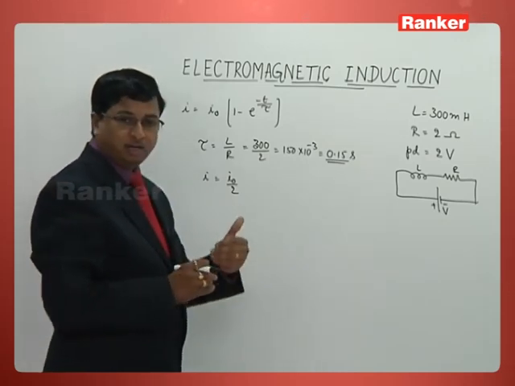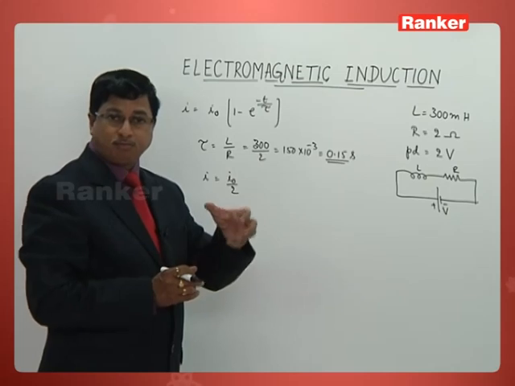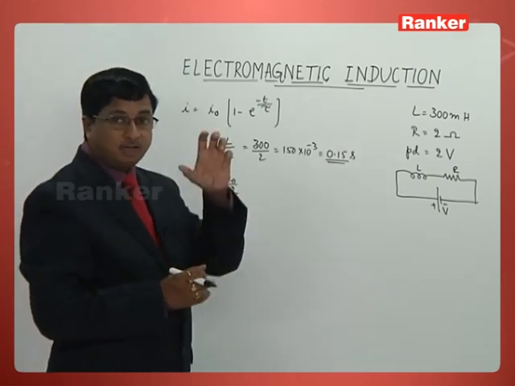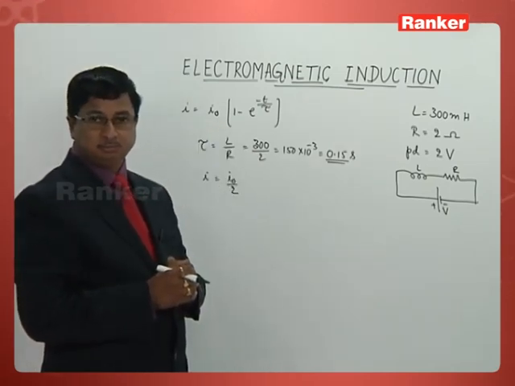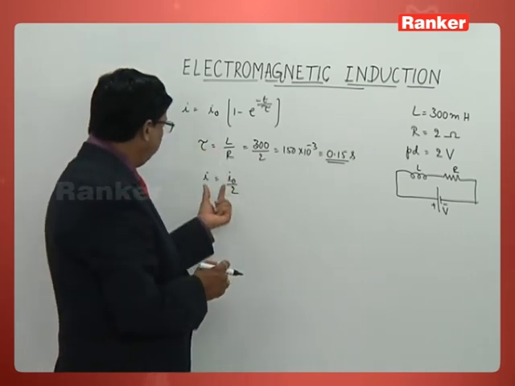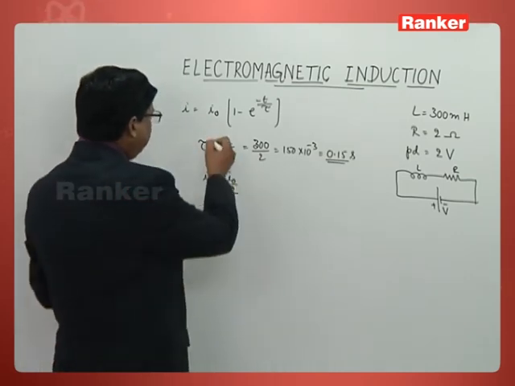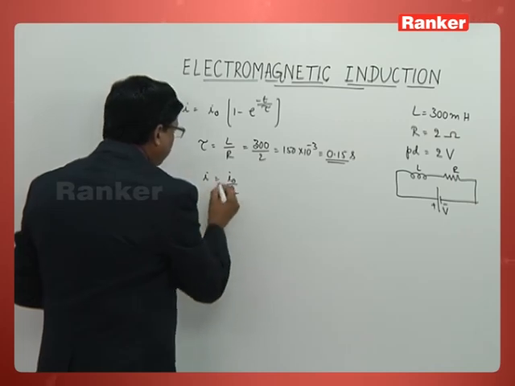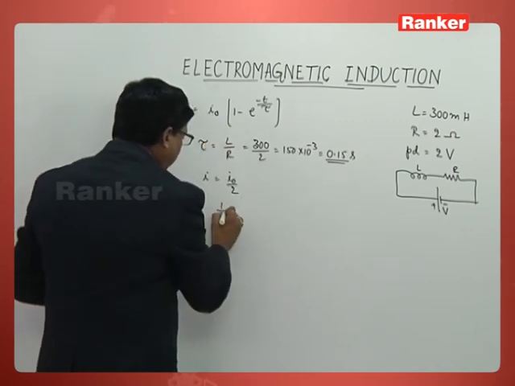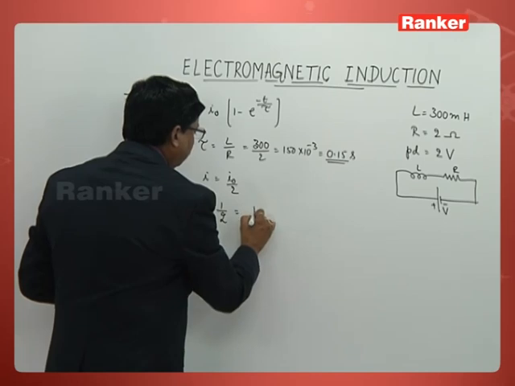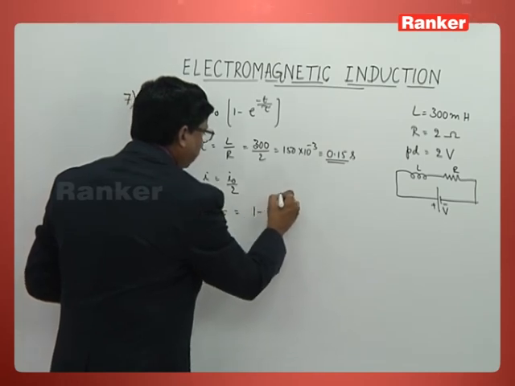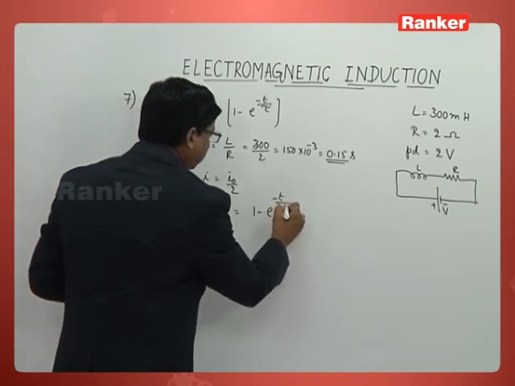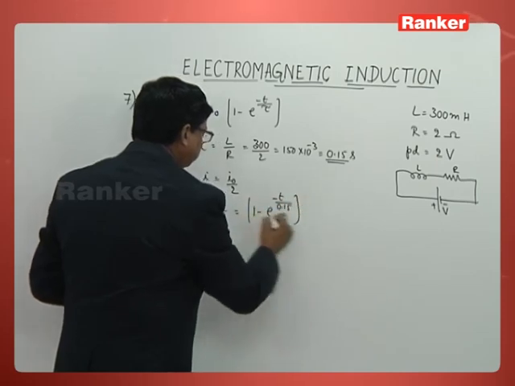He said the current reaches half of its steady state value. So substituting I as I naught by 2, I naught gets cancelled, and half is equal to 1 minus e power minus t by 0.15.